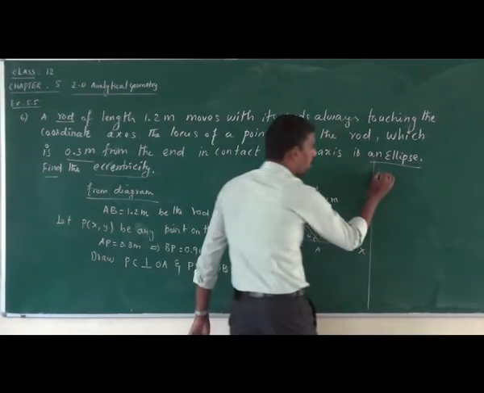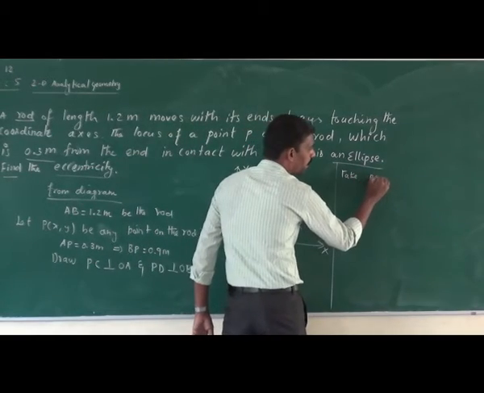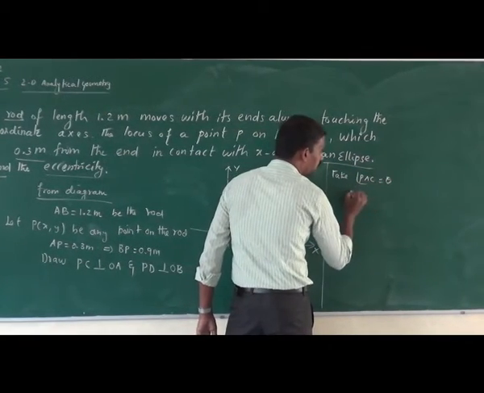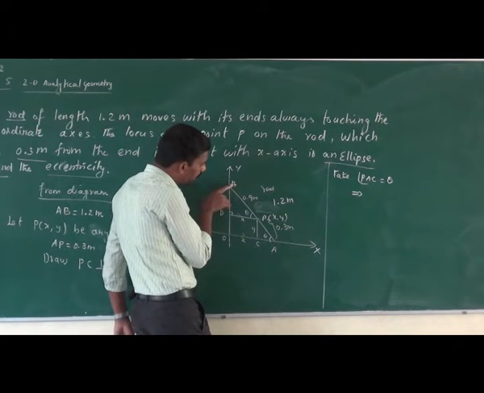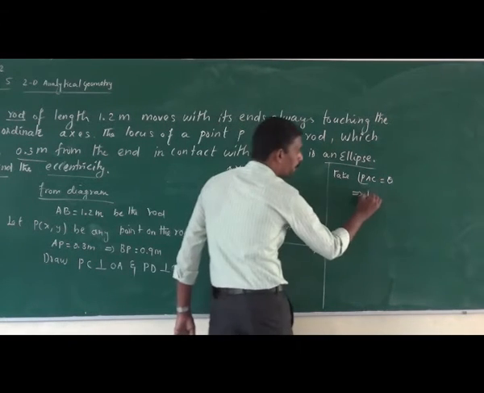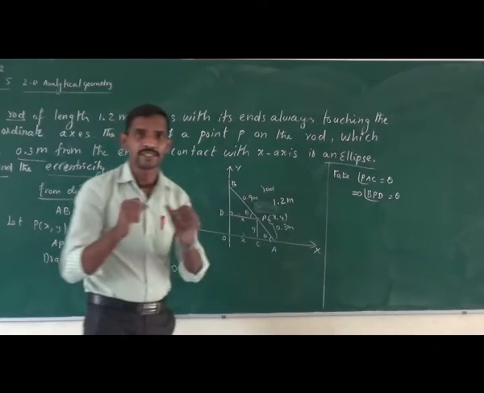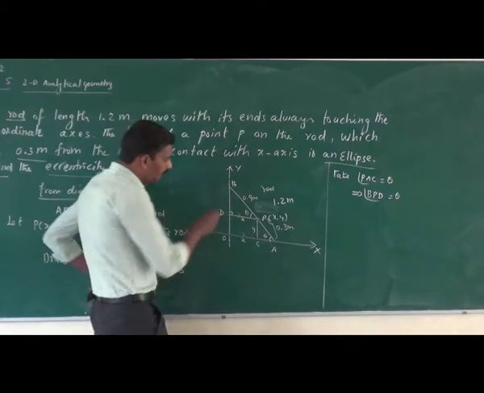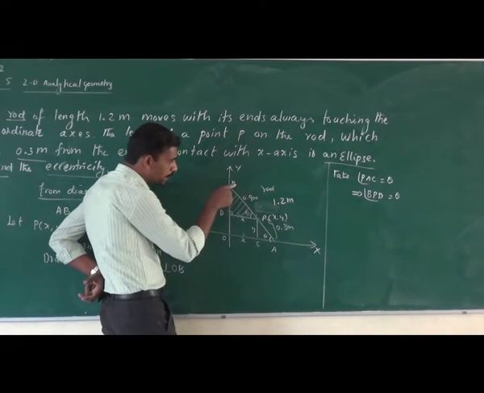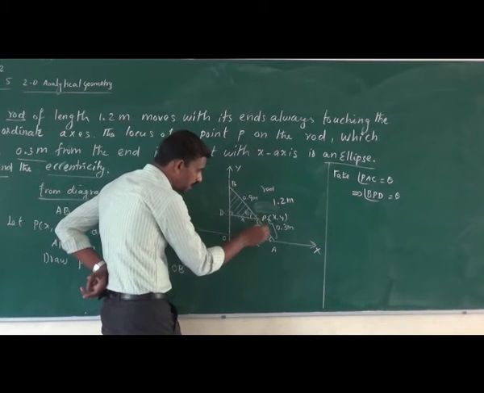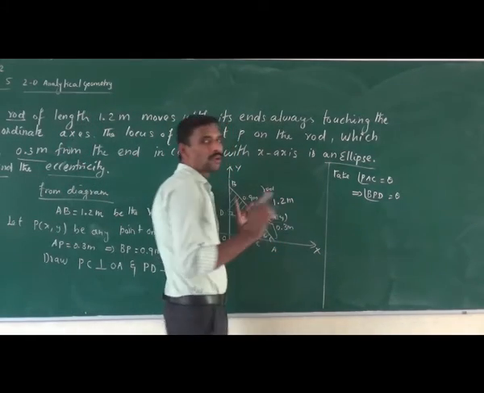Take PAC equal to theta, then automatically BPD is also theta by corresponding angles. Okay, now you see we have two triangles here. One triangle is BDP, another triangle is ACP. Now we want to take them one by one, right?